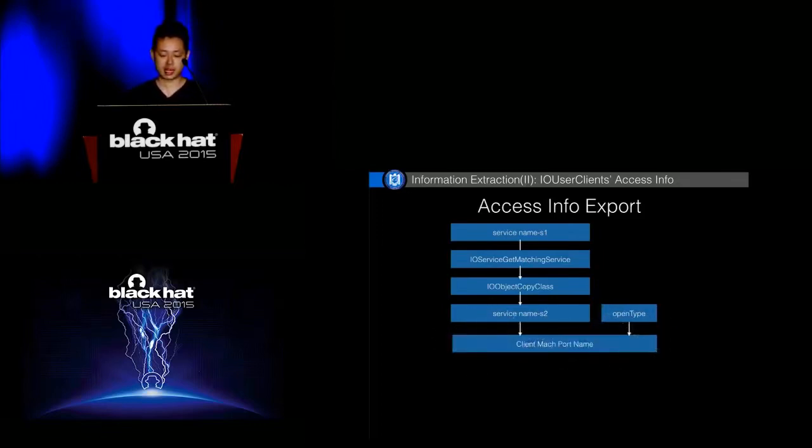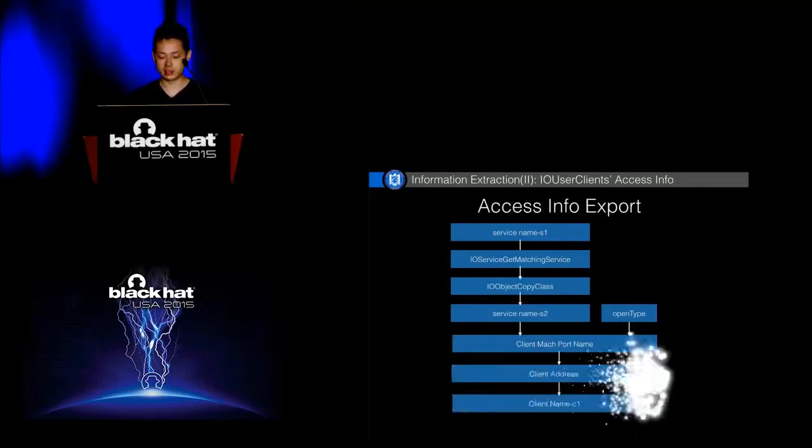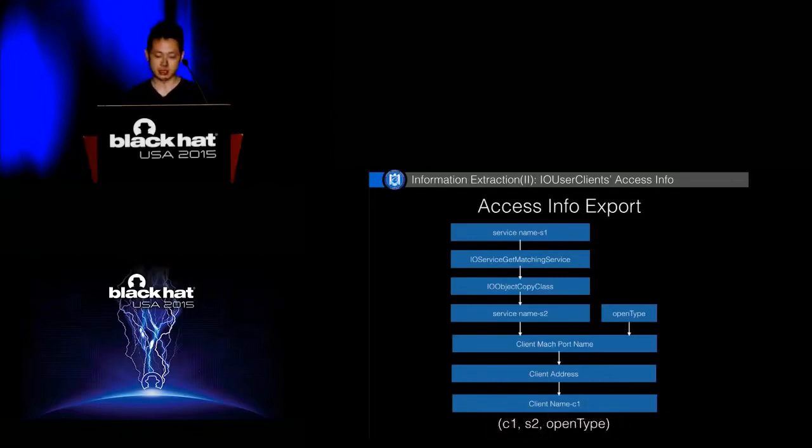If a client is opened successfully, then we retrieve the client name C1 in the kernel through the client Mach port and client address. Now the triple C1, S2, open type is the access info we want to export. So with the access info, we can access a specific user client.